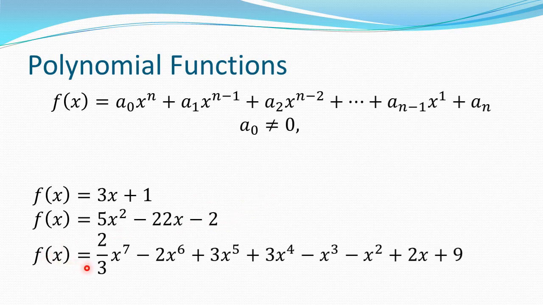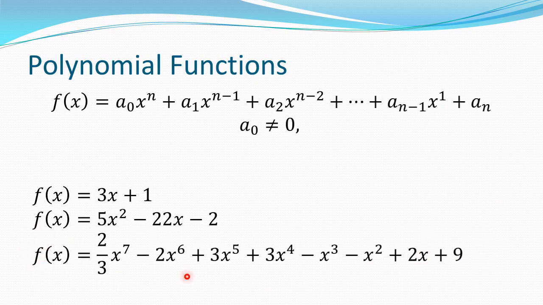And here we have a rather large one, which I intentionally put here. As you can see, the x with the highest exponent is at the leftmost. Look: 7, 6, 5, 4, 3, 2, 1, until 0. And all those a's are just constants. Here we have negative 1 and negative 1. So this expression represents this too.